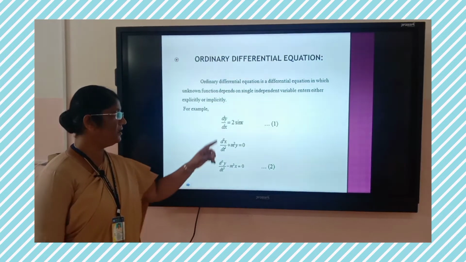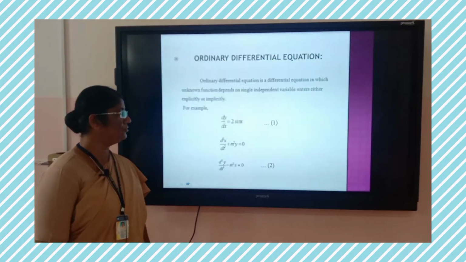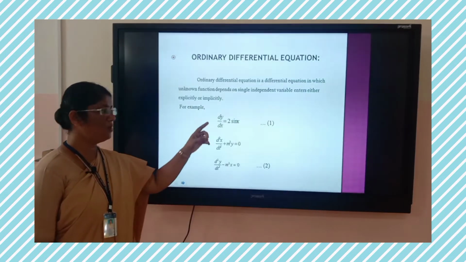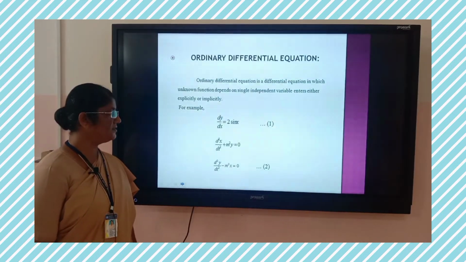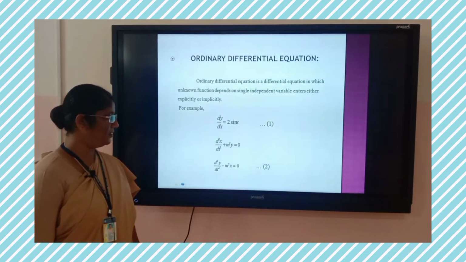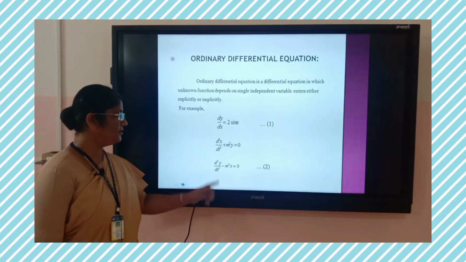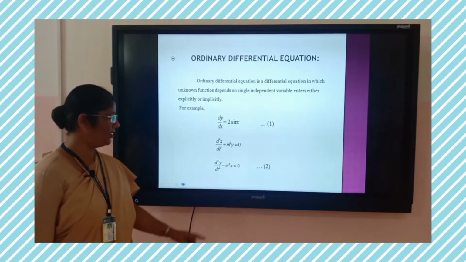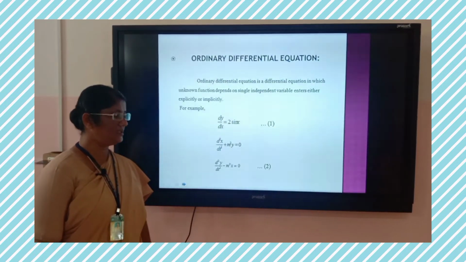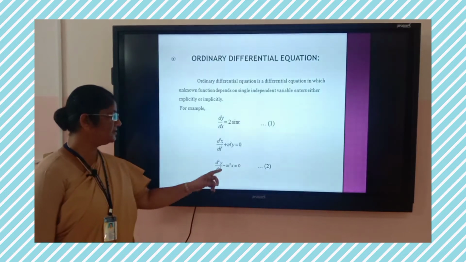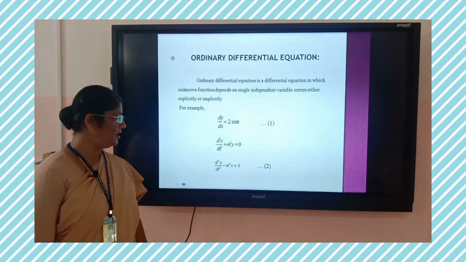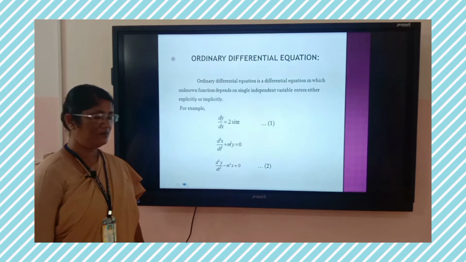First one, dy/dx = 2 sin x. Here y is a dependent variable and x is an independent variable. The second, d²y/dt² - m²x = 0. Here x and y are dependent variables and t is an independent variable.